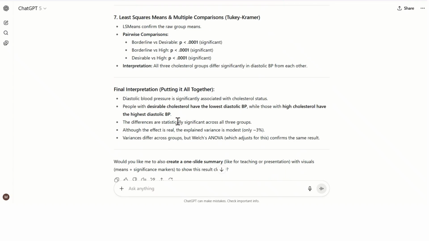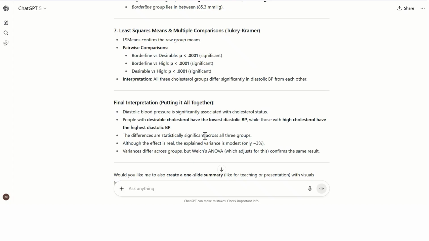I'm not going to go into the details of all of them, just jumping directly into the final interpretation. That is, diastolic blood pressure is significantly associated with cholesterol status, which means that people with desirable cholesterol have the lowest diastolic blood pressure, while those who had high cholesterol had the highest diastolic blood pressure, and these differences were statistically significant.